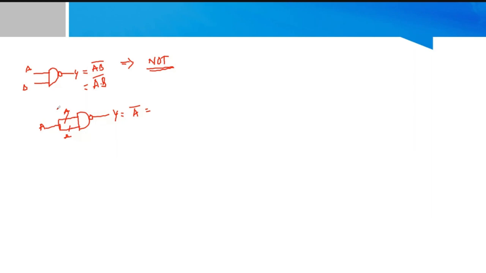Any doubts in the implementation part? No, ma'am. Okay. If you want to implement an AND gate, now we want to make it an AND gate. How are you going to do it? This is a NAND gate.